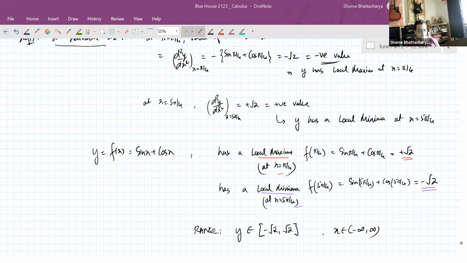Okay, so hope this is clear. So let's pick up another example of a trigonometric function.